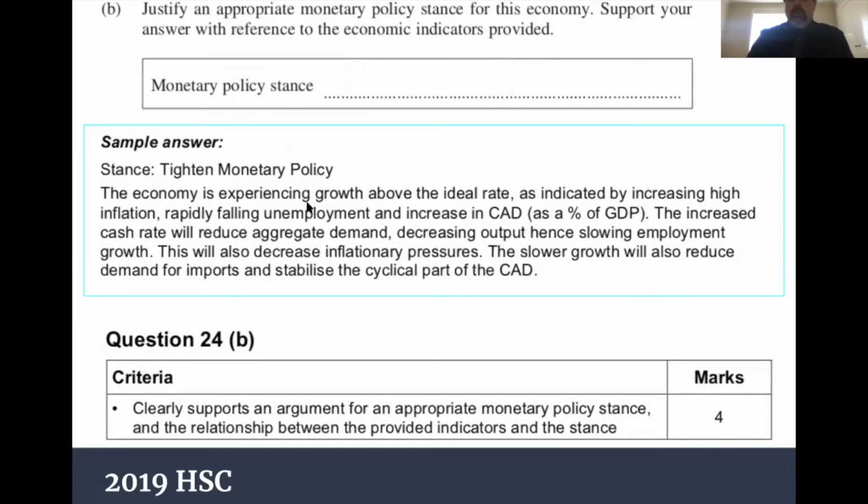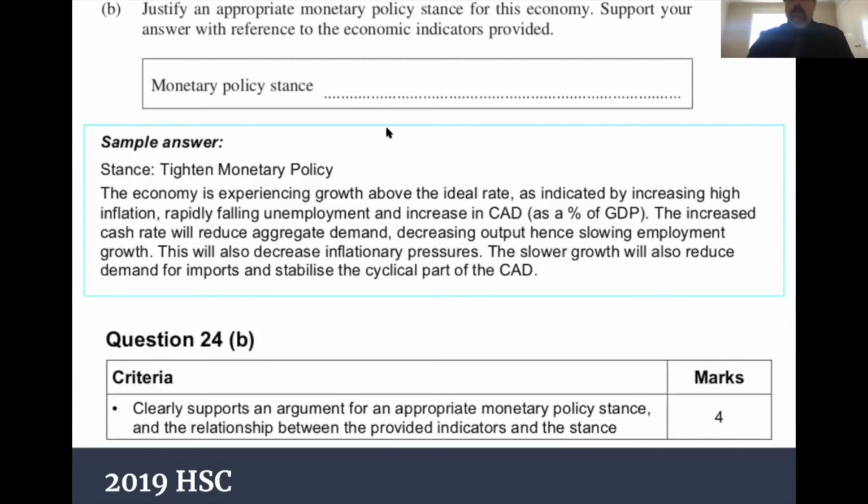You can see from the data that the economy is experiencing growth. So the GDP, there's increasing CAD, there's higher inflation as outlined in the question, and this would therefore indicate that the economy is growing quite quickly, and the monetary policy or interest rate stance would be to slow that down to keep it within our target band of inflation.